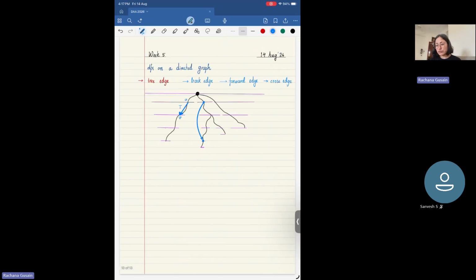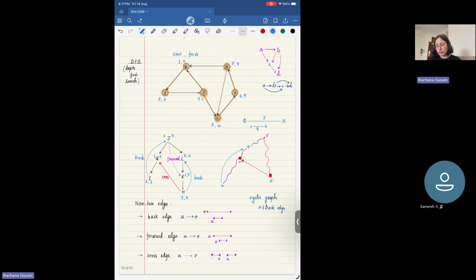I'm actually trying to explain the DFS all over again, but if you want, I can go from scratch and give a quick review of DFS. The most important things are these start and finish numbers. Once we have a good understanding of that, we'll be able to understand the problem that I'm going to explain today. So do you want me to do that?